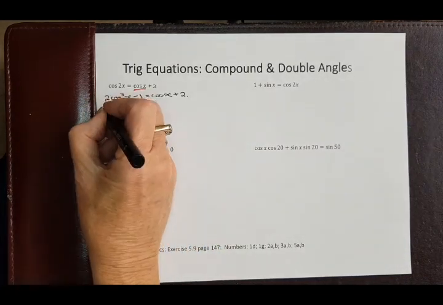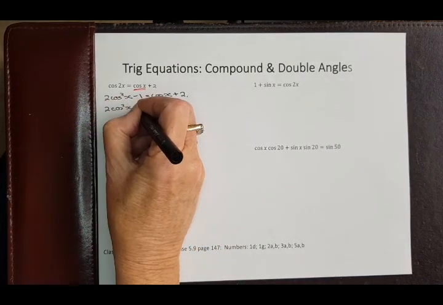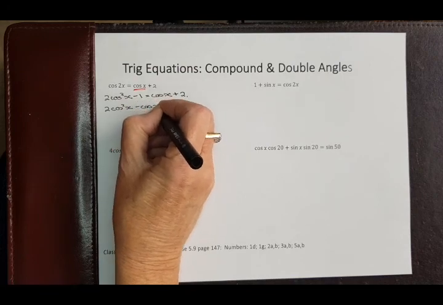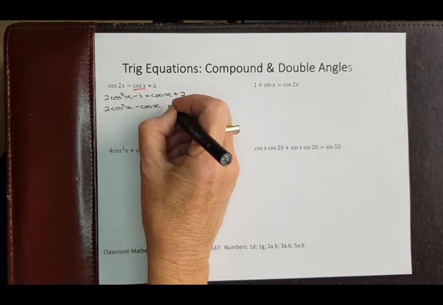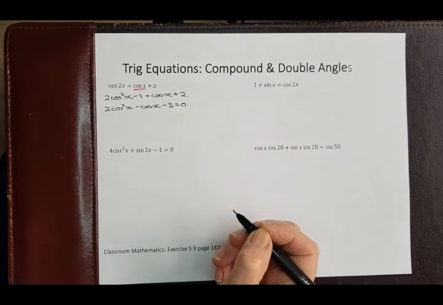That then becomes a quadratic equation: 2 cos squared x minus cos x minus 1 minus 2, which is minus 3, is equal to 0.